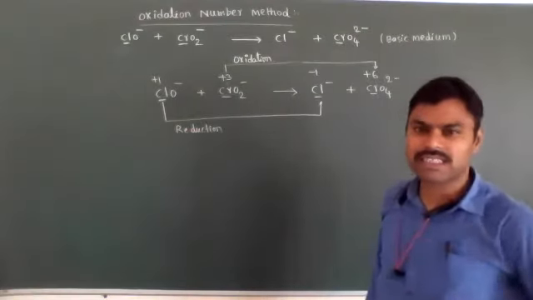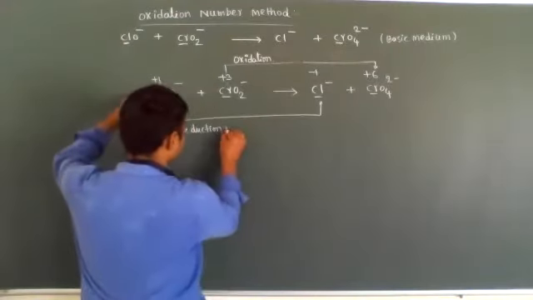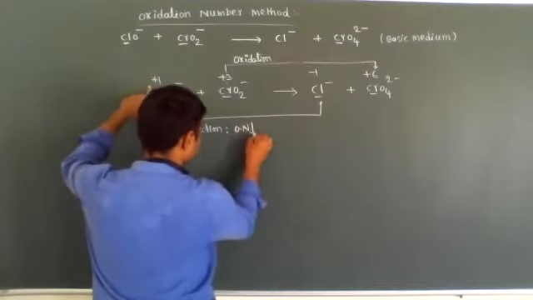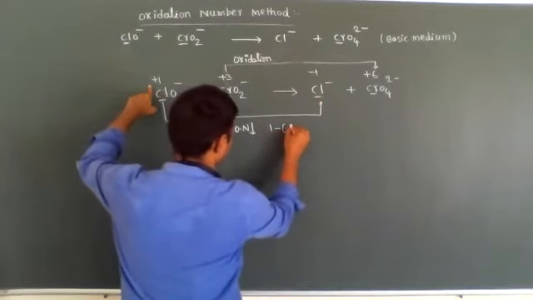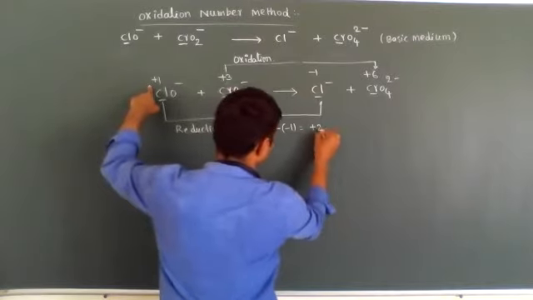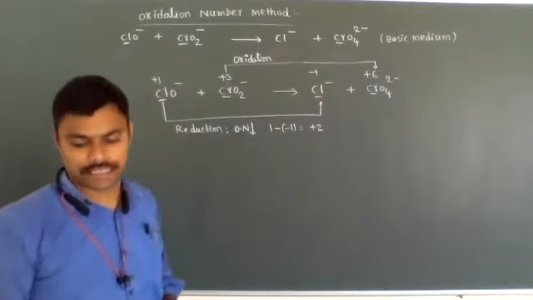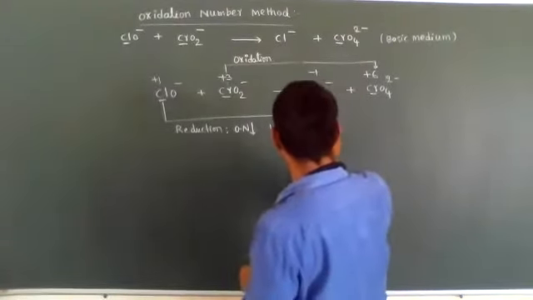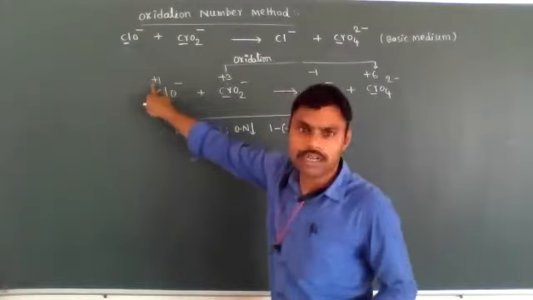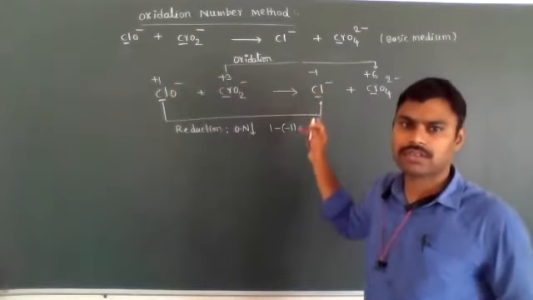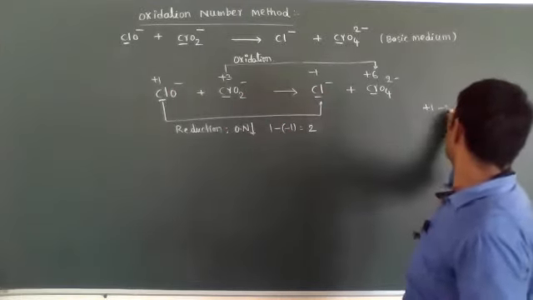So first we need to find the difference in their oxidation states. How much is the oxidation number decreased? 1 minus (-1) is equal to 2 units. +1 becomes -1, so 2 units of oxidation number are decreased. When +1 becomes -1, you have to add -2: +1 -2 is equal to -1.